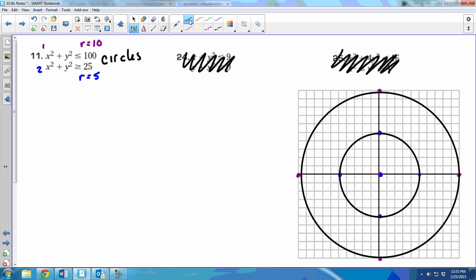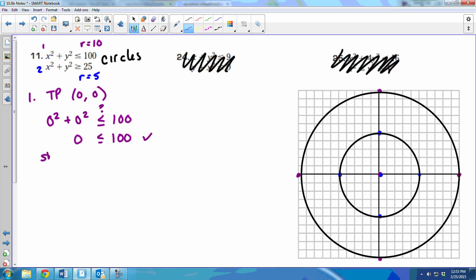If I do the first one, and I use a test point of 0, 0, I substitute 0 in for x and y. So 0 squared plus 0 squared, is that less than or equal to 100? Well, yes. Yes, it is. That means for that circle, I would shade inside because 0, 0 is inside that circle.